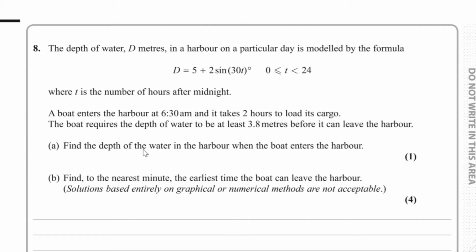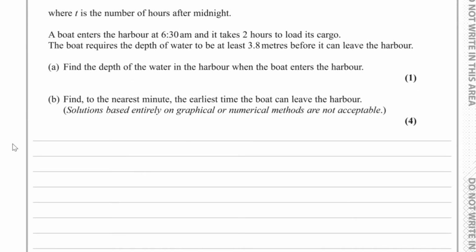For part A, we have to find the depth of water in the harbour when the boat enters the harbour. Well, it enters the harbour at 6:30 and we begin at midnight, so for part A, if we begin at midnight and we are going to 6:30, that would imply that t is equal to 6.5.